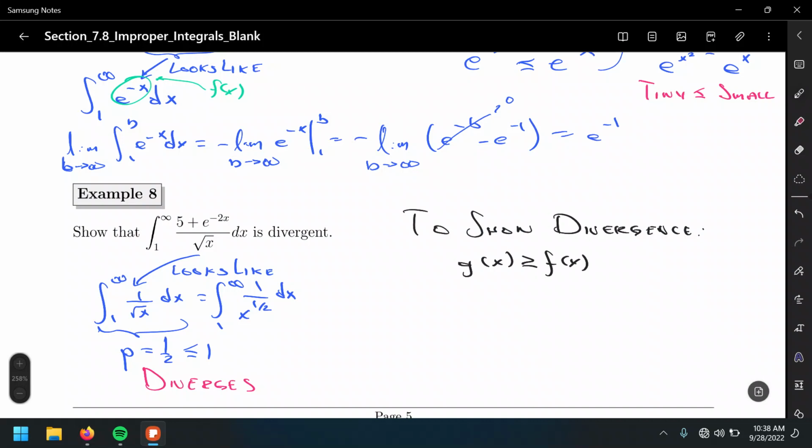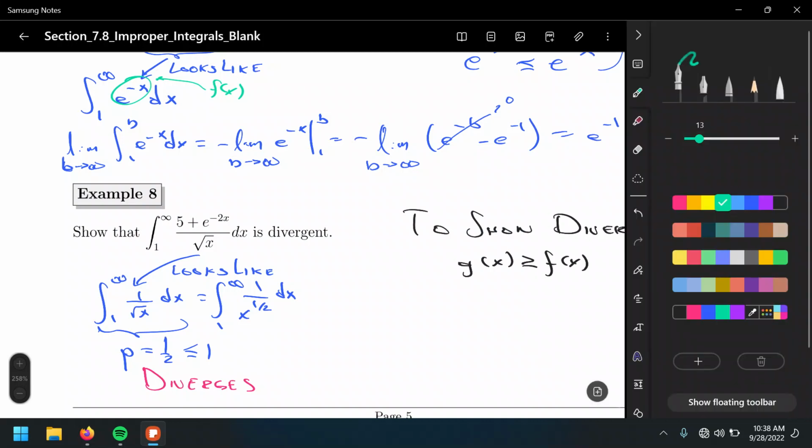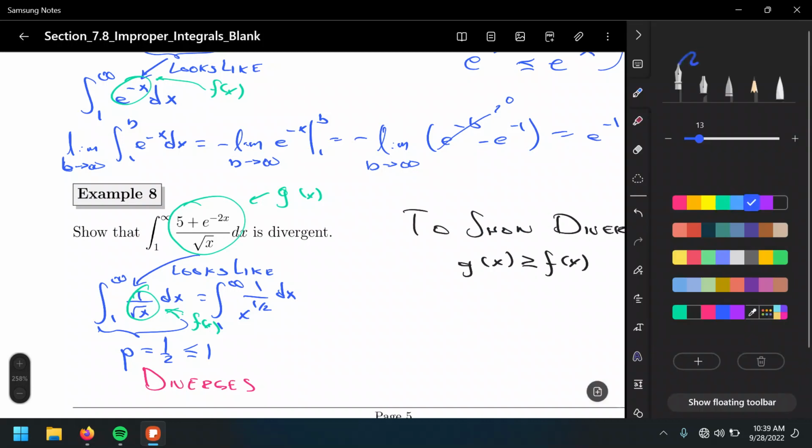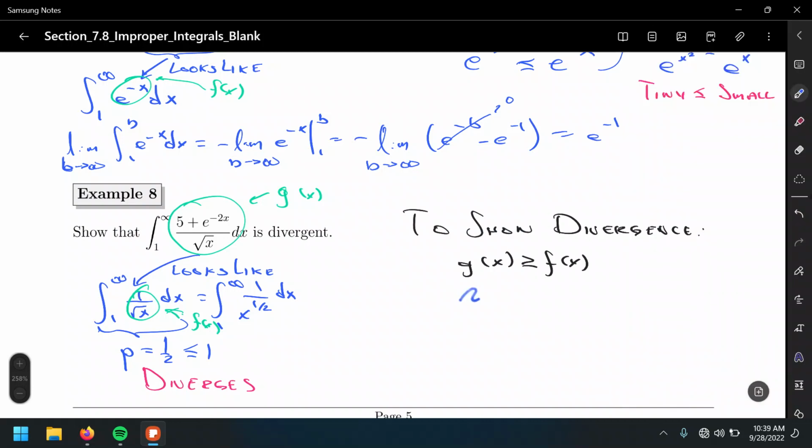Well, our g of x in this case will be the problem, and this is our f of x, our test integral, something that we know for sure diverges. Let's put this together. So g of x, which in this case is 5 plus e to the negative 2x over the square root of x, is this inequality true?